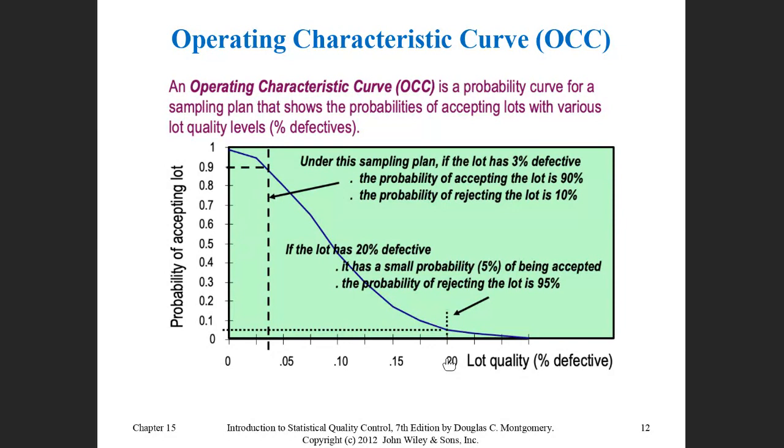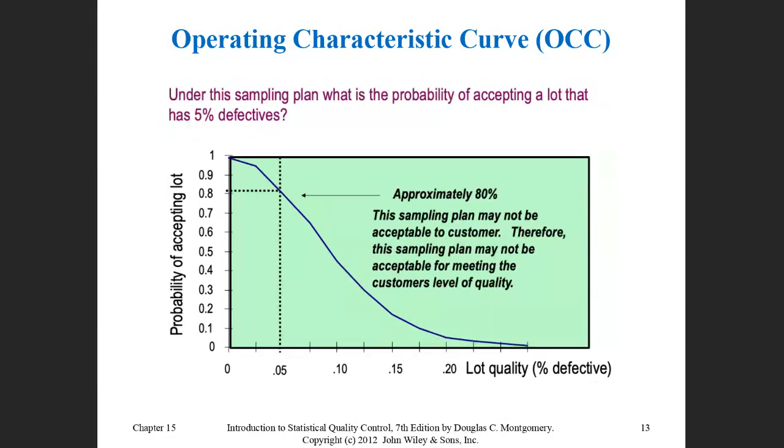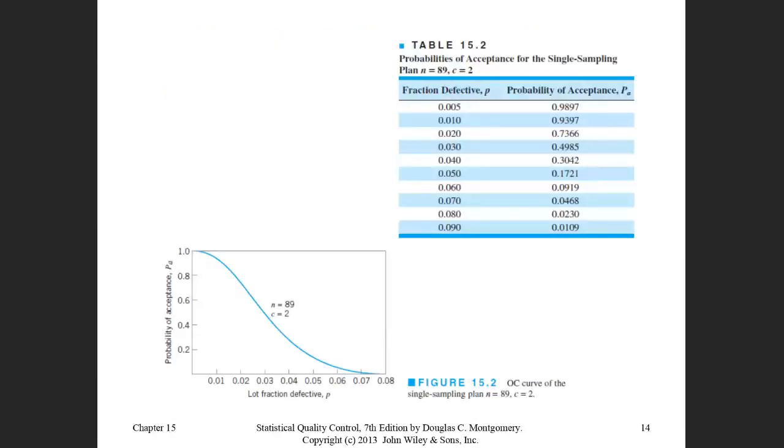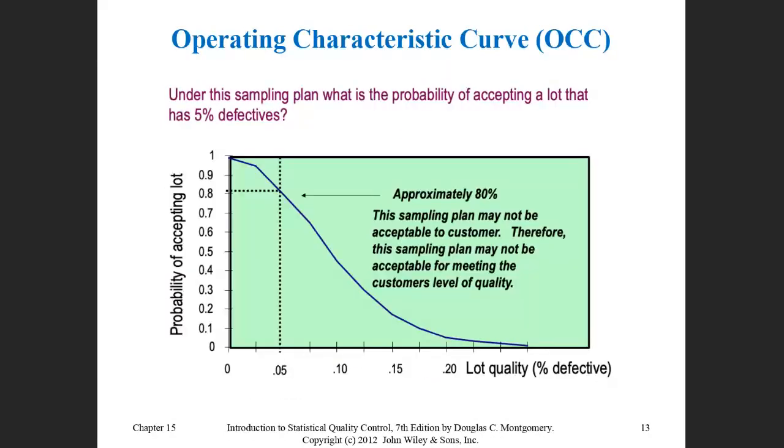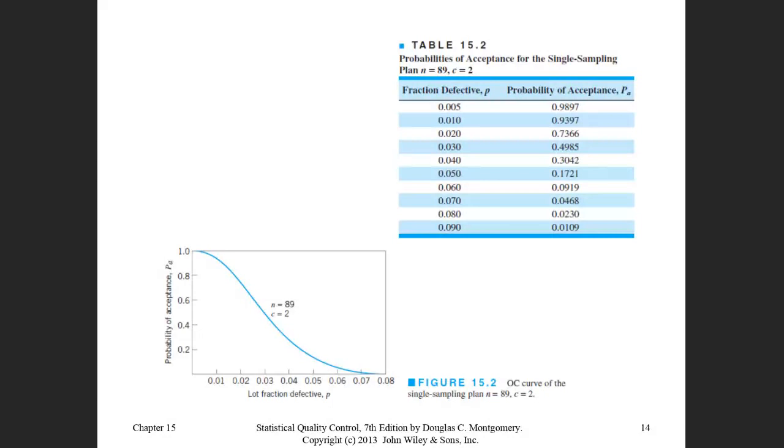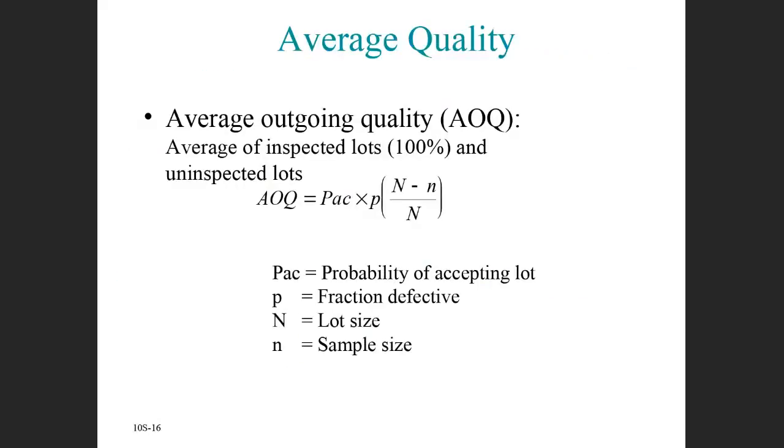We will see how we can draw these charts and curves in the second part of this recorded session. The last thing, there is an example, which will also be covered in the coming recorded session. The last part that we will cover is the formula for the average outgoing quality.